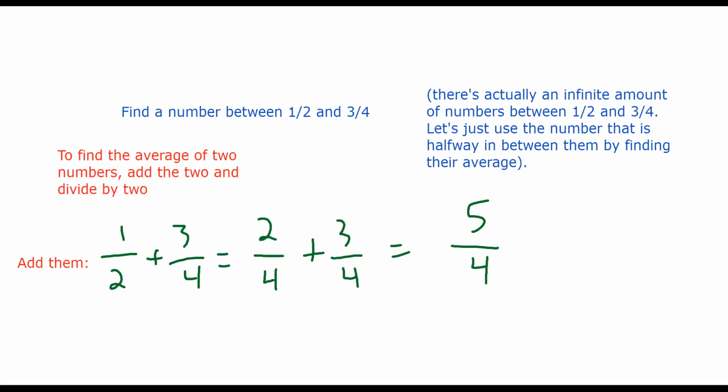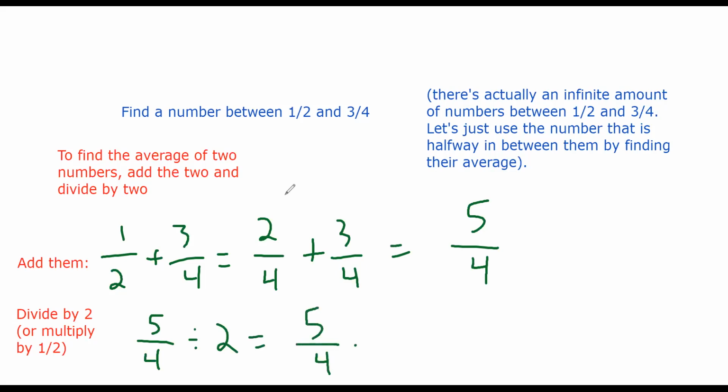And now divide by 2 or multiply by 1/2. That's the same as dividing by 2. So you can do 5/4 divided by 2, which will be the same as 5/4 times 1/2, because 2 can be written as 2/1.